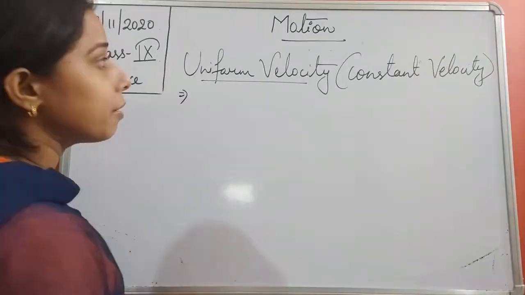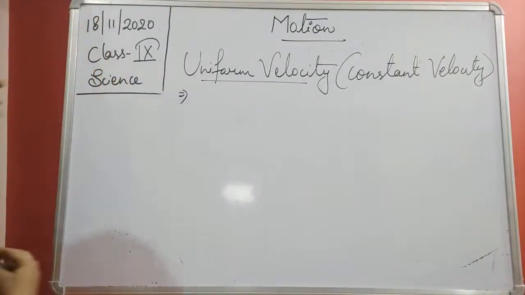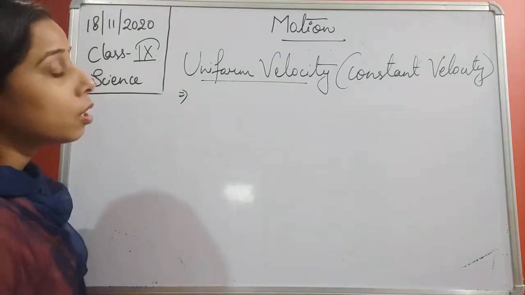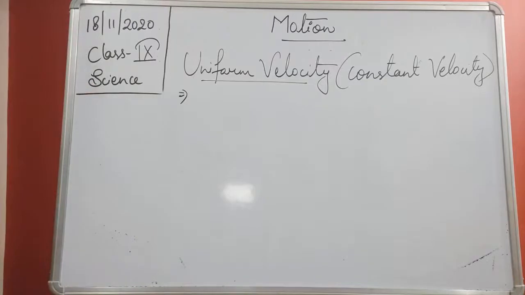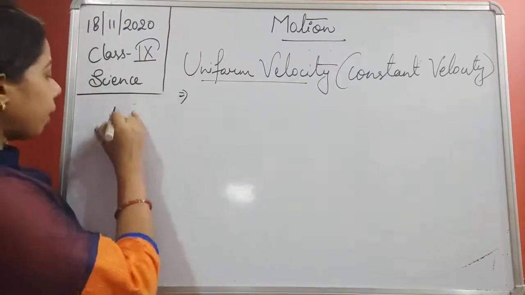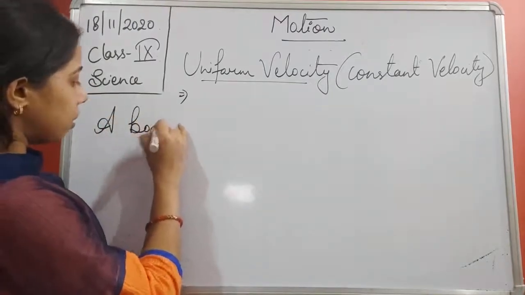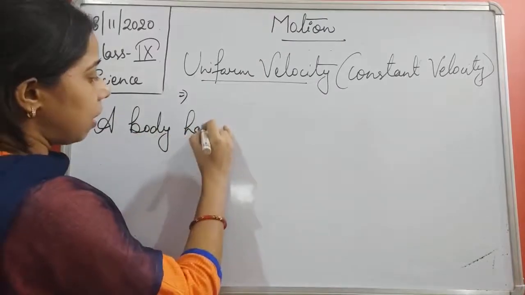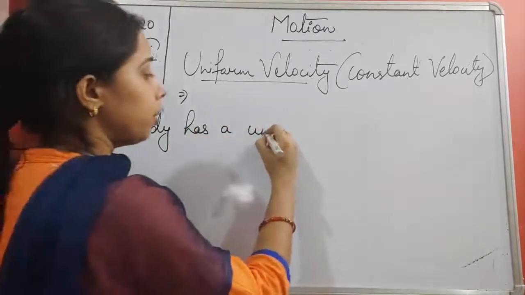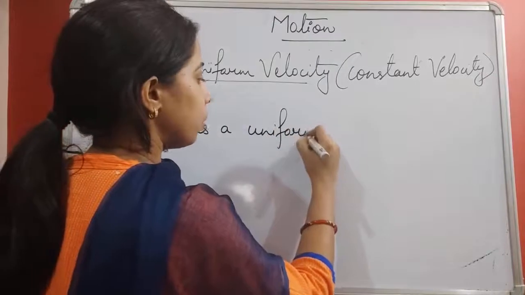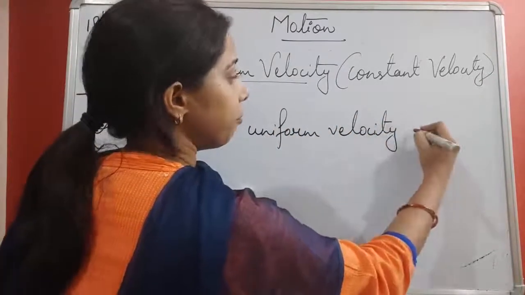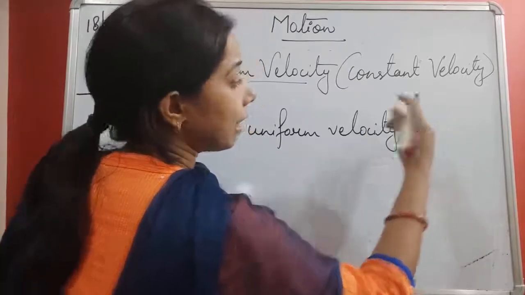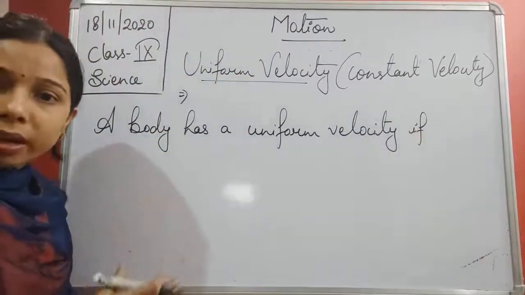Now students, for the definition of uniform velocity, we can write that a body has a uniform velocity if it is moving in a straight line.